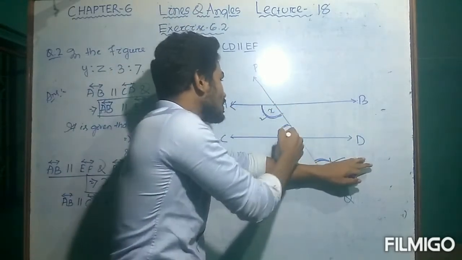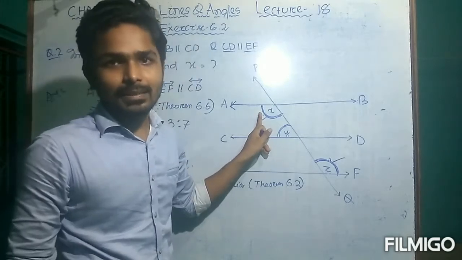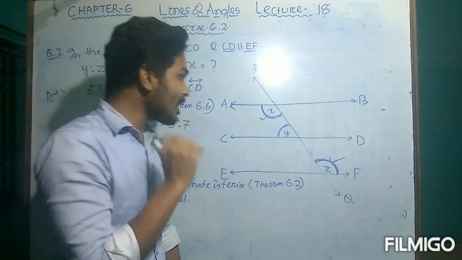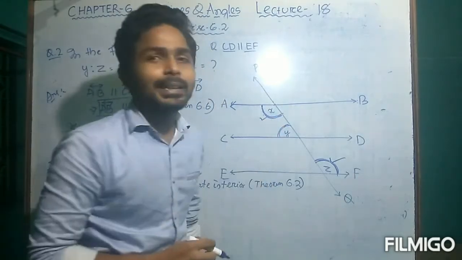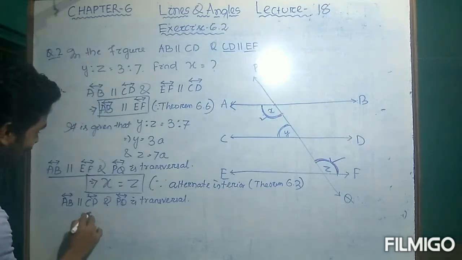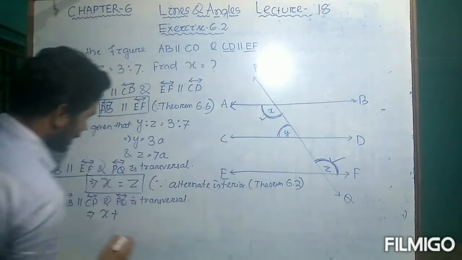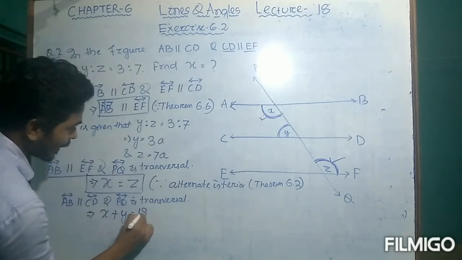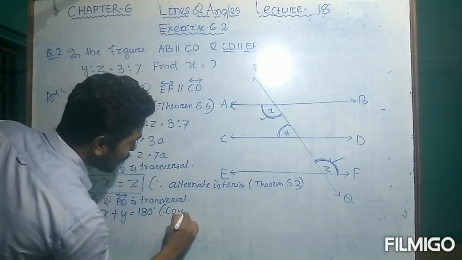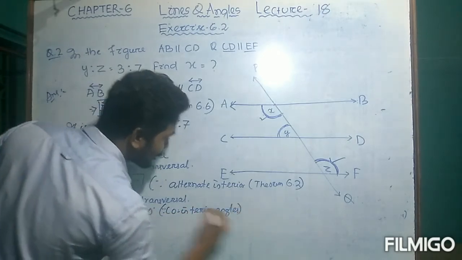These two angles are co-interior angles. According to theorem 6.4, the sum of two co-interior angles is equal to 180 degrees. So you can write this angle plus this angle is equal to 180 degrees. The reason is that they are co-interior angles. Always write the reason.